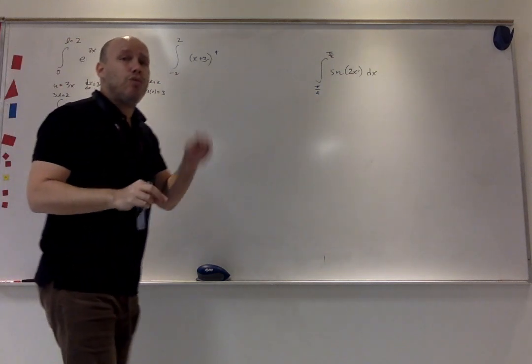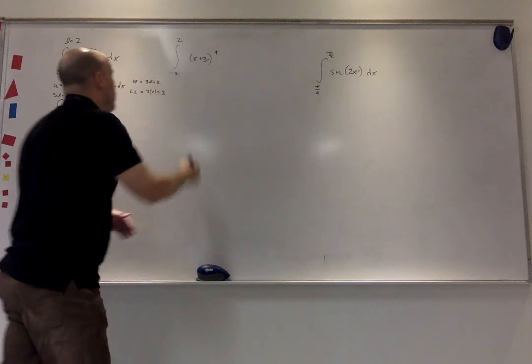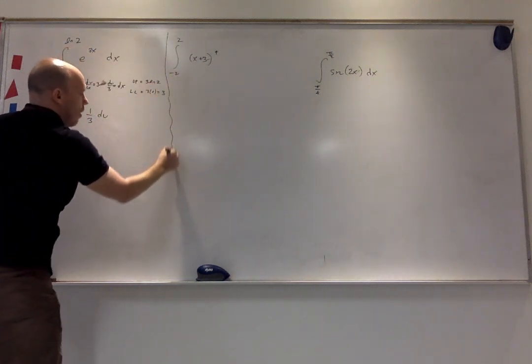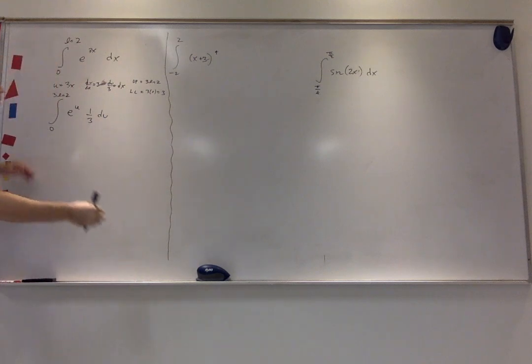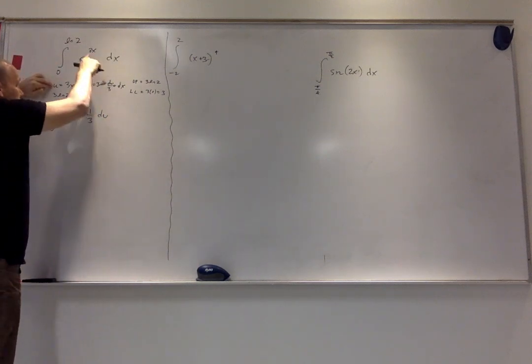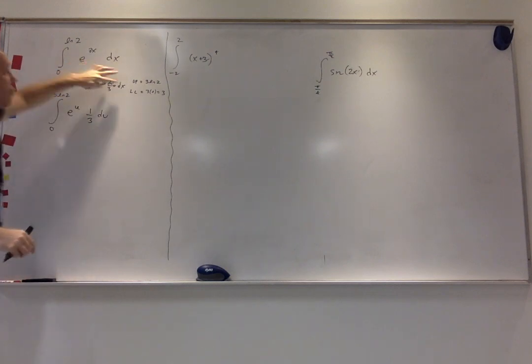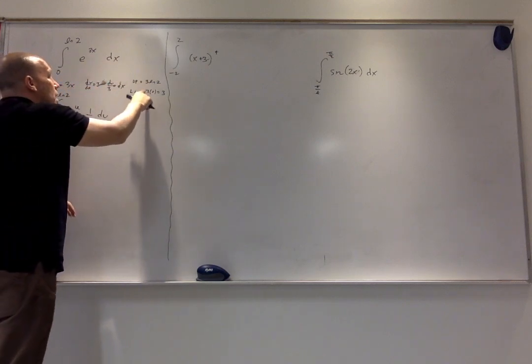I'm going to recommend you stay in the world of u for the whole problem. So once again, replace your function with u, replace dx with du, and transform the limits.